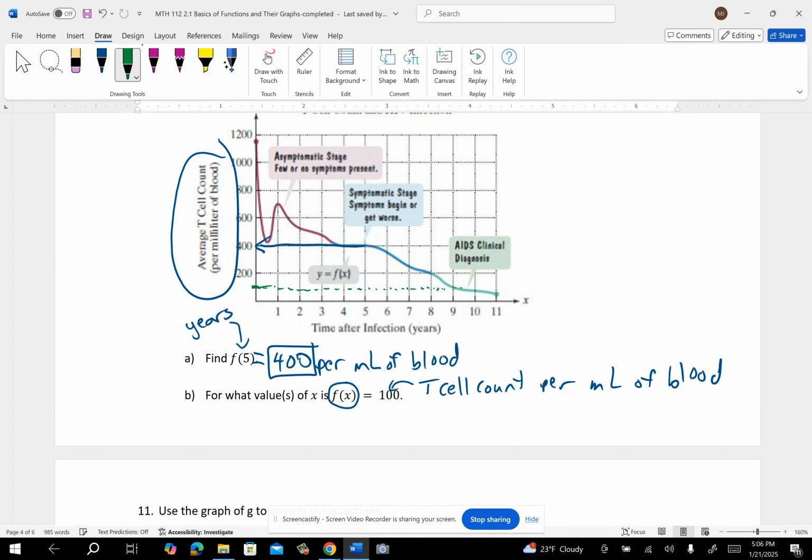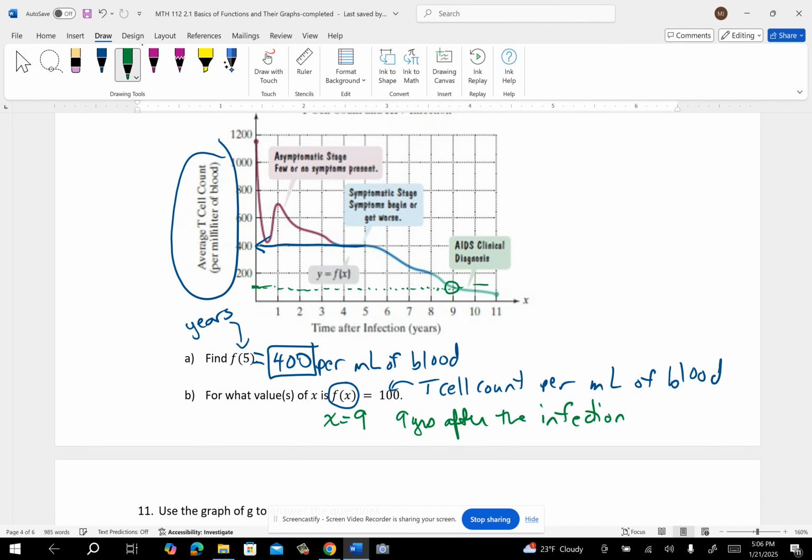It appears to hit it around 9, it looks like. So it would just be at that one spot, so it would be when x is 9, or 9 years after the infection.